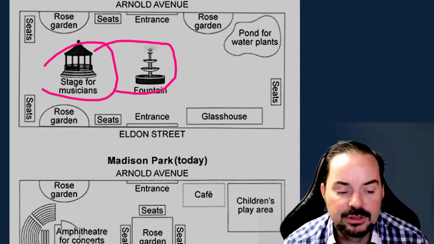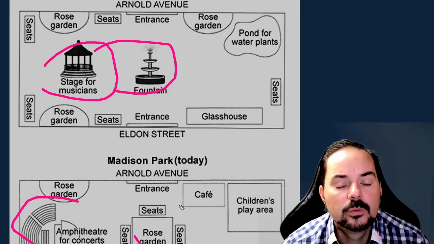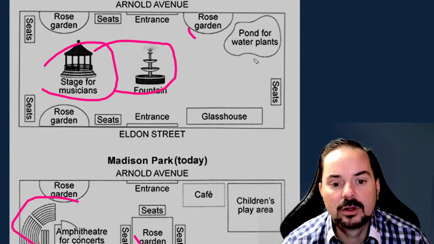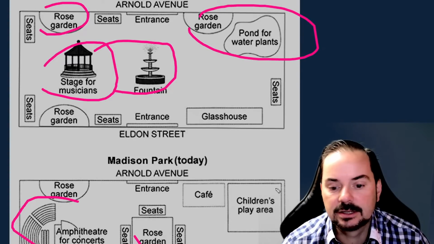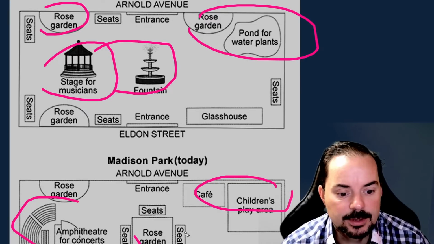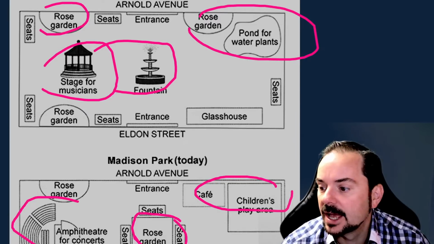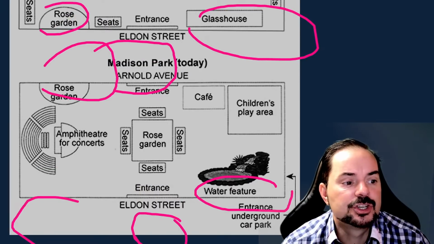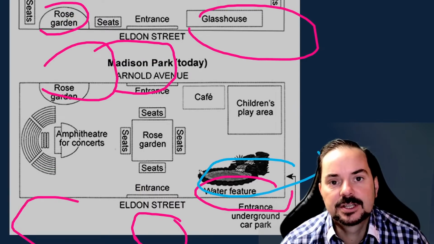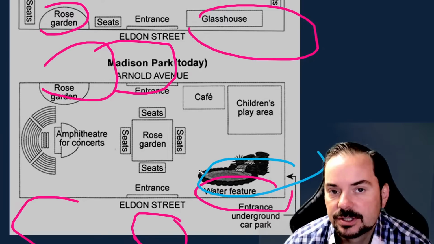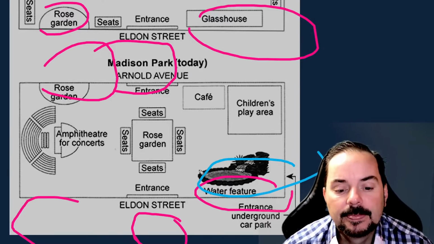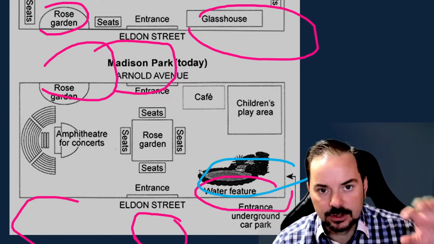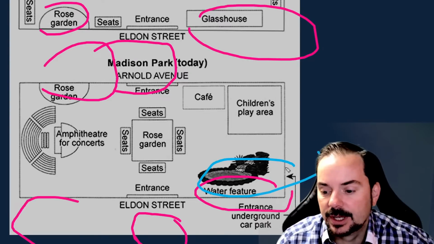We've got the amphitheater here below, which is obviously for the purpose of entertaining visitors. And then we've got all these ponds and rose gardens and children's play areas also for entertainment. We've got rose gardens here, and below we have this water feature as well. So that's kind of some natural features, if you will, that help people to kind of relax and unwind. And so I'm introducing those concepts right away in the introduction.